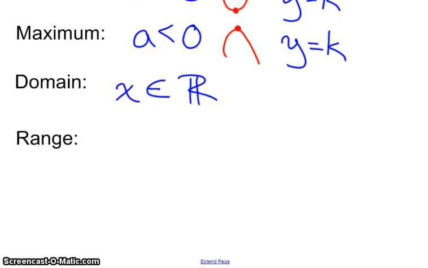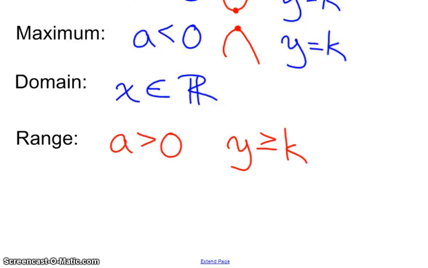Again, because it's dealing with our y values, we have to consider what's happening with a. Do we have a minimum or a maximum? If a is greater than 0, opening up, we're going to have a minimum value, which means our range, y, is going to be greater than or equal to k, because all the y's are going to be bigger than the k value of the vertex.